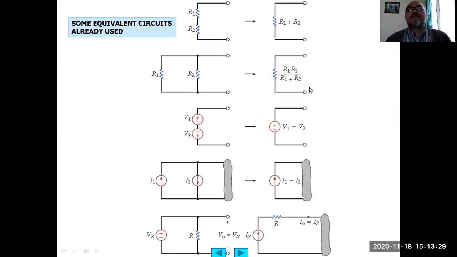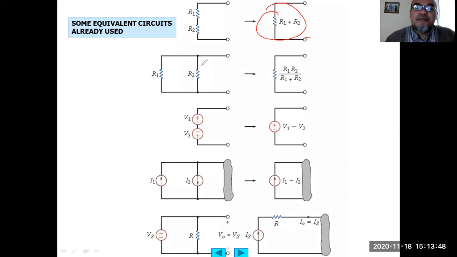So, for example, in the first picture here on the top, it shows two resistors, which basically we can combine into a single series resistor, R1 and R2.